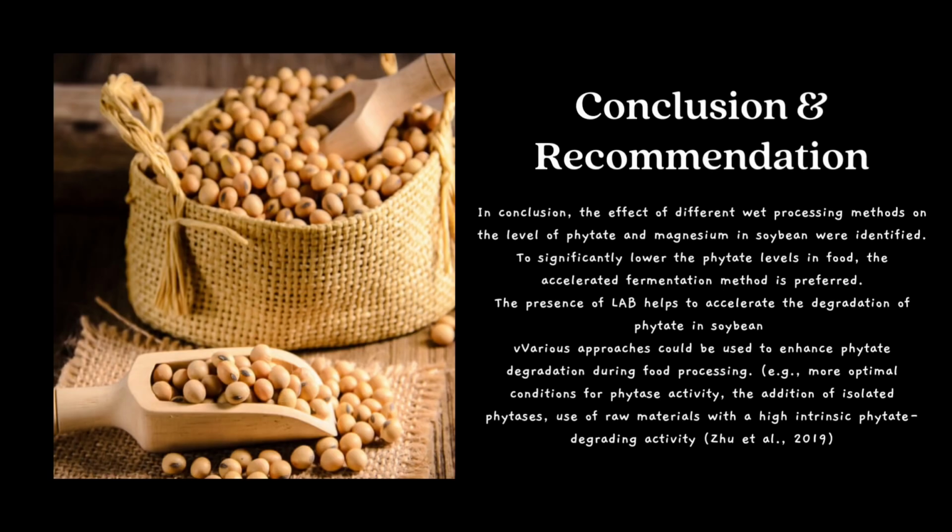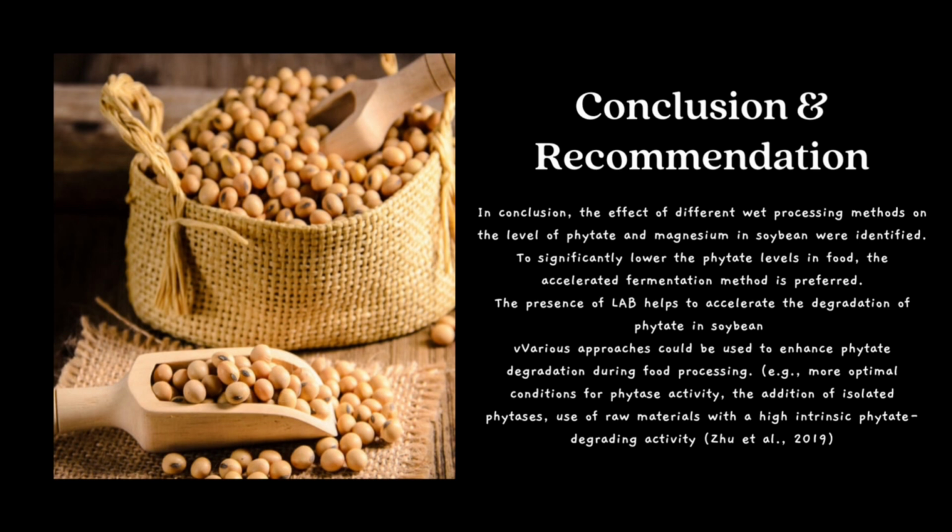To summarize everything that I have discussed earlier, the effect of different wet processing methods, which were soaking and accelerated fermentation, on the level of phytate and magnesium in soybean were successfully identified. To significantly lower the phytate levels in soybean, the process of accelerated fermentation is preferable. This is because during the soaking process, the phytate level degrades, but the phytate level degrades even more during the process of accelerated fermentation.